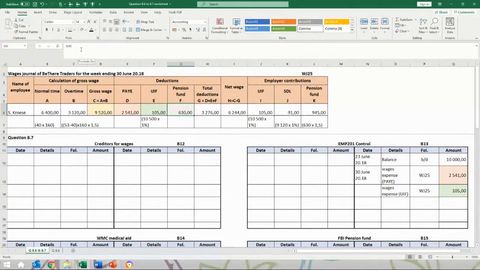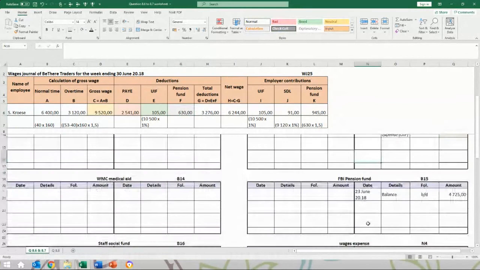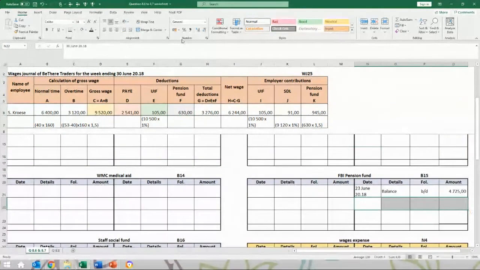Okay, so that pension fund, column F. Okay, so Tamilo says she thinks it goes to the pension fund, and that would be correct, Tamilo. So because it was deducted from our wage expenses, we take that amount to our pension fund.